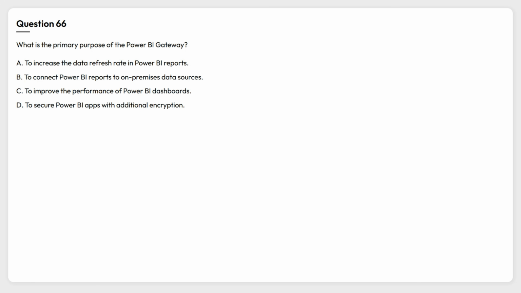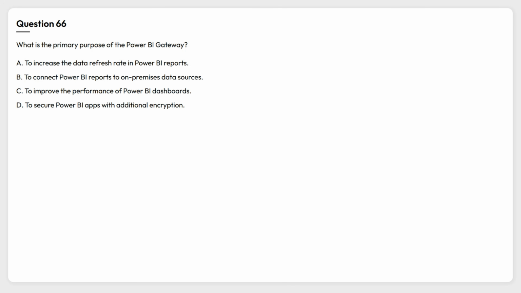Question number 66. What is the primary purpose of the Power BI Gateway? Option A. To increase the data refresh rate in Power BI report. Option B. To connect Power BI reports to on-premises data sources.